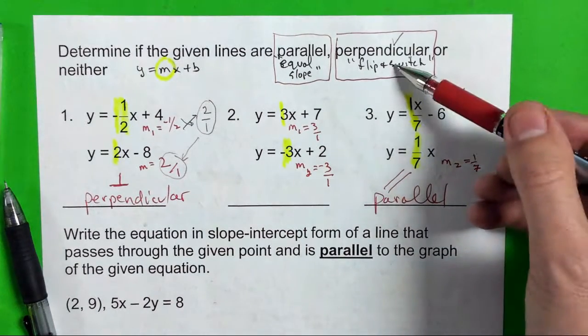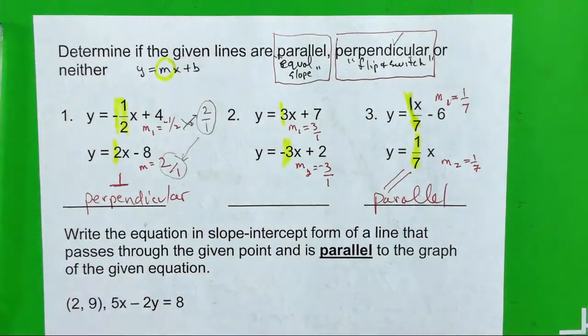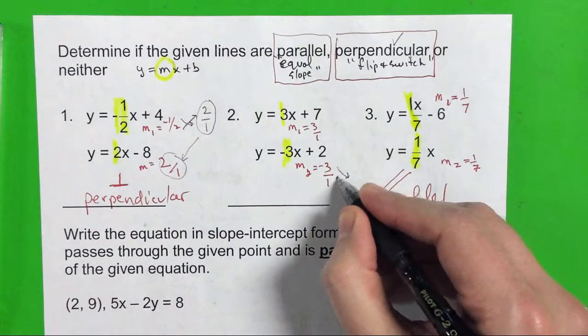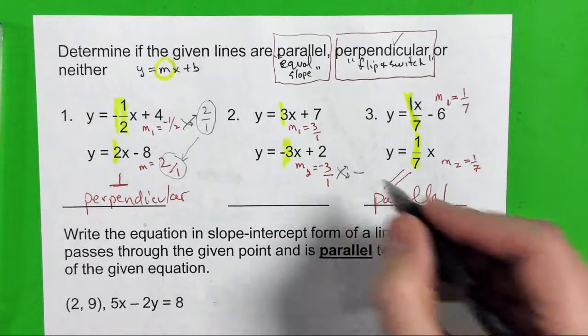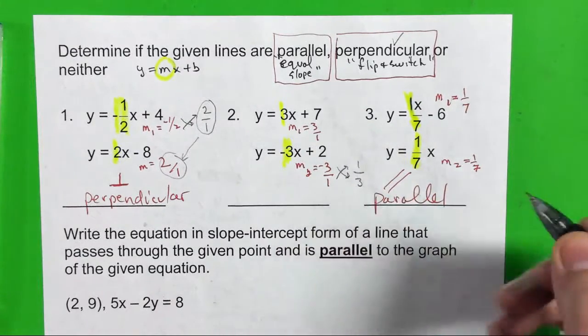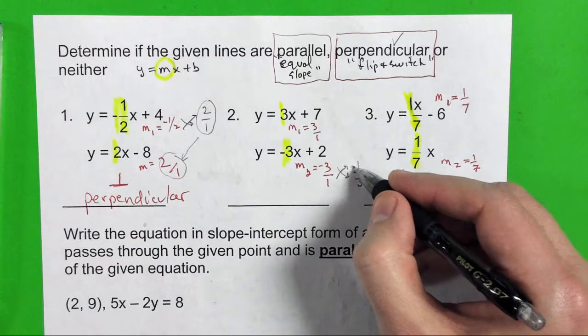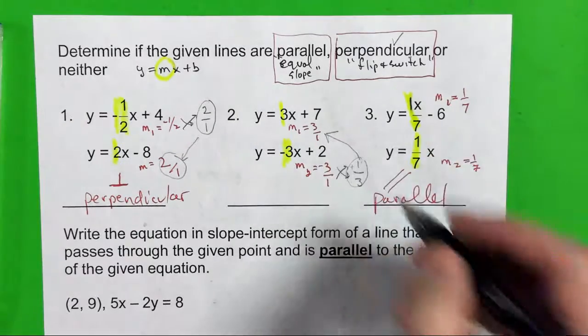Okay, Dawson, we know they're not the same, all right? So let's check perpendicular. Which one do you want to try flipping and switching? Second one, okay. So let's do the flip. You tell me what I write after I do the flip. 1 over 3. Okay, now do the switch. And then instead of negative, positive. It's positive. So is that the same as that?